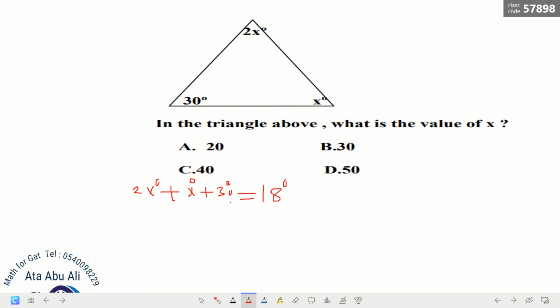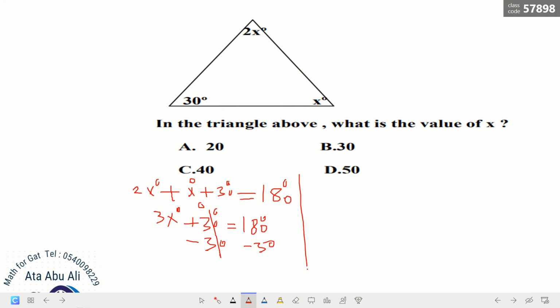Now we add 2x plus x, it's equal to 3x, plus 30, equal to 180. Now we subtract 30 from both sides. 30 minus 30 is equal to 0, as you know.